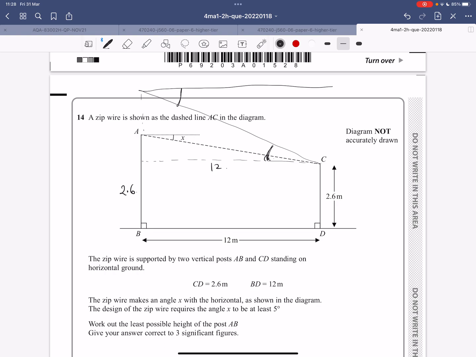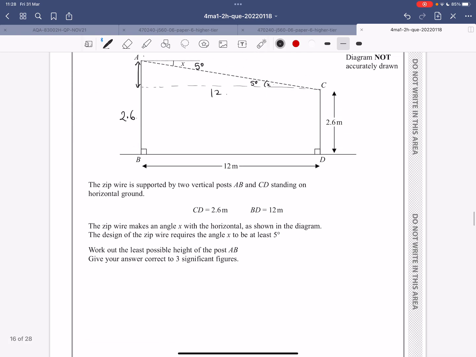So let's work out what happens when X equals 5. Okay, that's 5 there. So we need this bit here. We need the opposite. We've got an angle of 5 degrees, and adjacent to this angle is this 12 here.